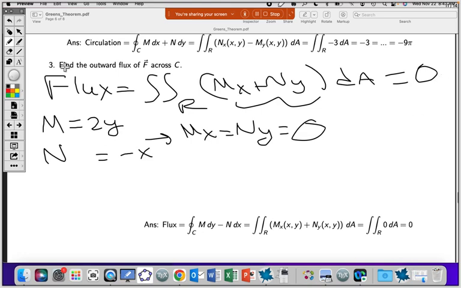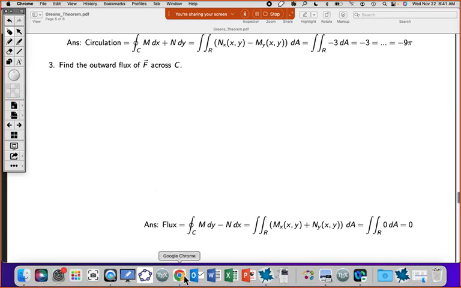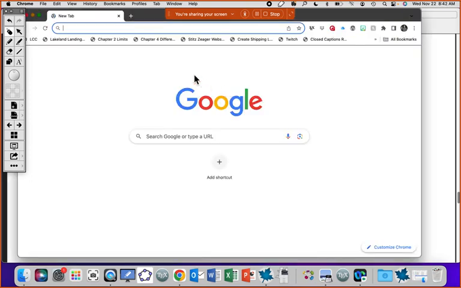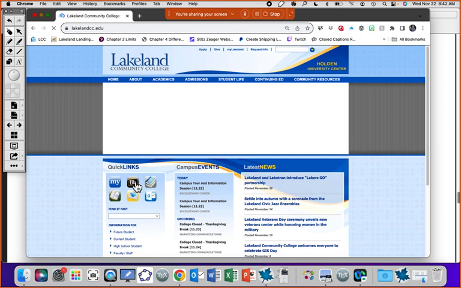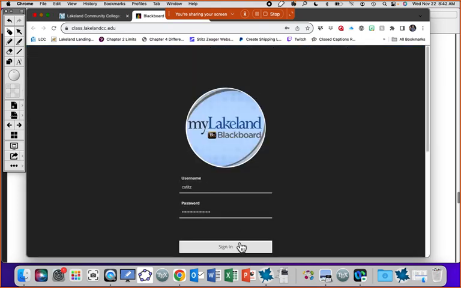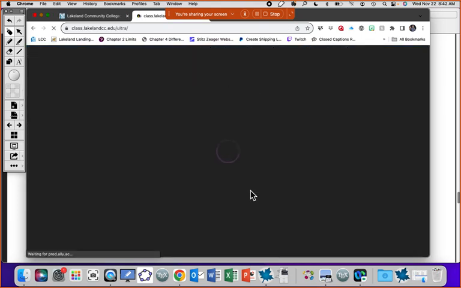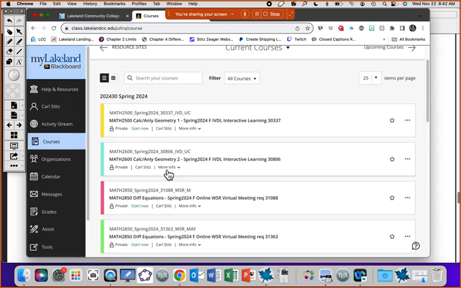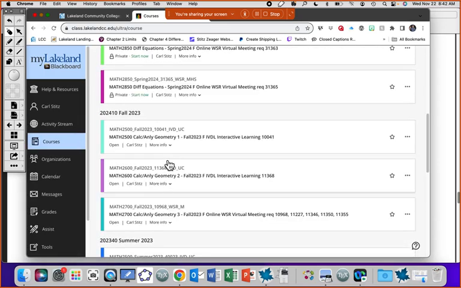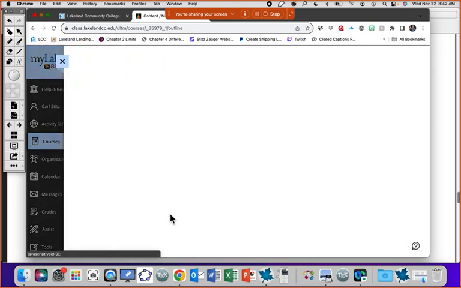So let's fire up GeoGebra and look at that. So once again, if you go into the course content, we got a couple of applets here. They put my spring courses in already.